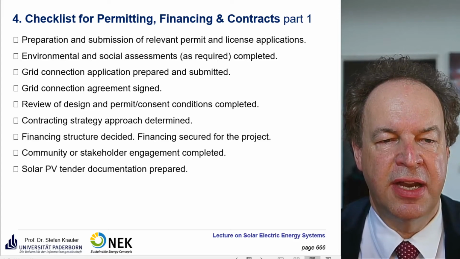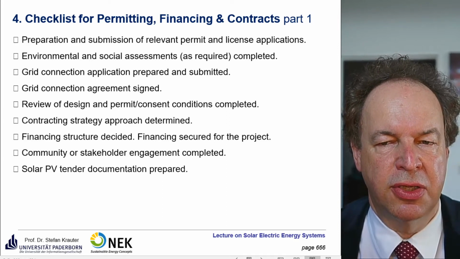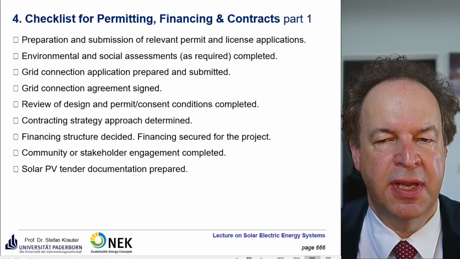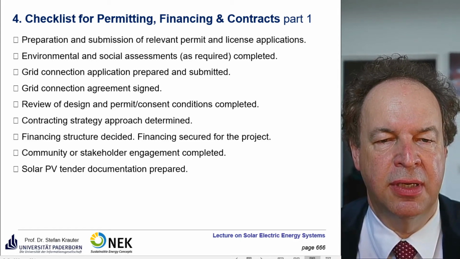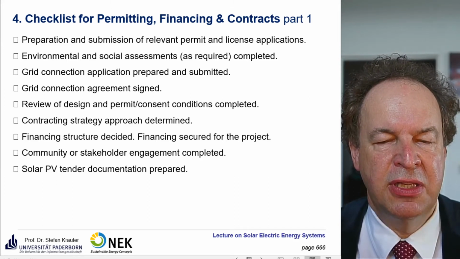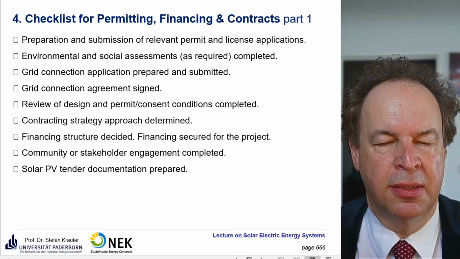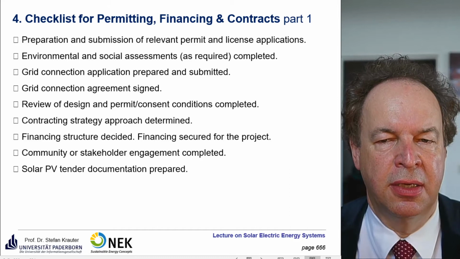Solar PV tender documentation prepared. So as I mentioned before, you have to give all this technical specification, how big the hail can be or has to be for the modules until it is destroyed. What wind loads are there? Do you need any special coating if there's dust accumulation?